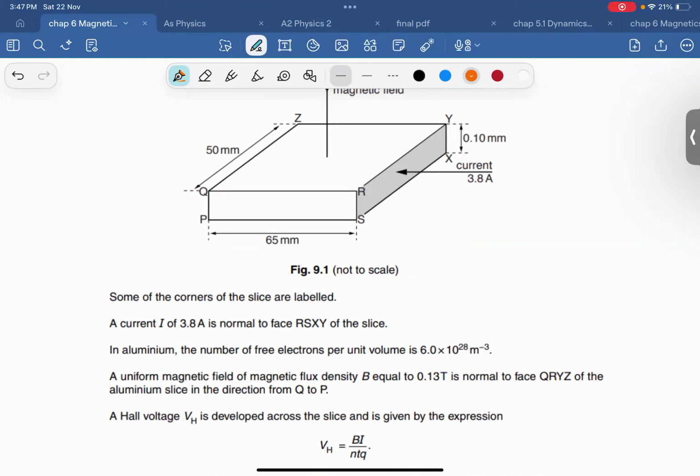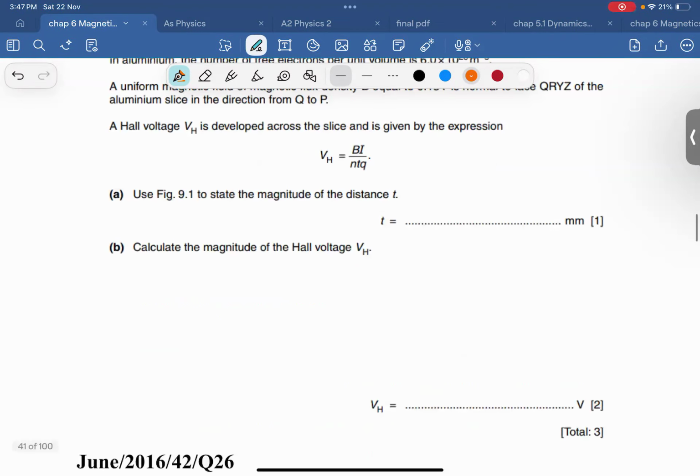A uniform magnetic field of magnetic flux density B equal to 0.13 T is normal to face QRYZ of the aluminum, in the direction from Q to P. A Hall voltage is developed across the slice and is given by the expression. Now please move on to the first one.